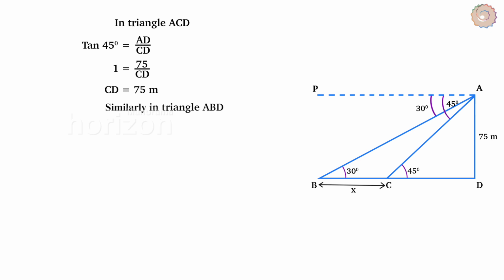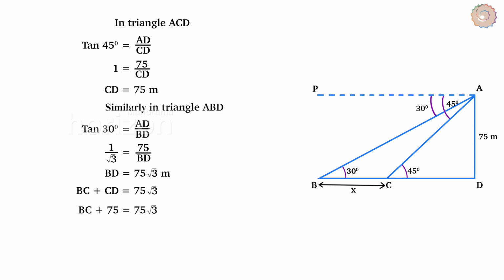Similarly, in triangle ABD, tan 30 degree is equal to AD by BD. Substituting tan 30, we get it as 1 by root 3, which is equal to 75 by BD. Solving for BD, we get it as 75 root 3 meter. Now, we can write BD as BC plus CD, which is equal to 75 root 3.